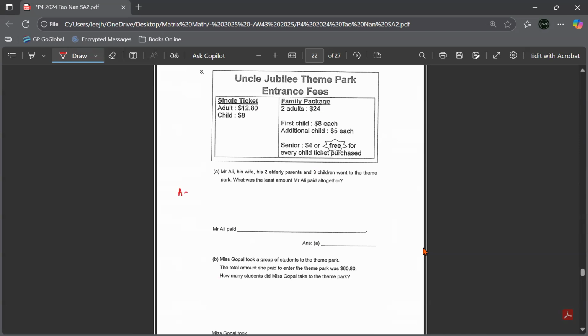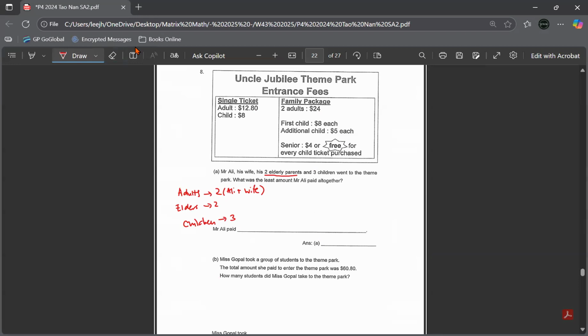So the adults are actually two. Who are the two? Ali plus the wife. There are two elderly, okay? The two elderly parents, and the children got three.